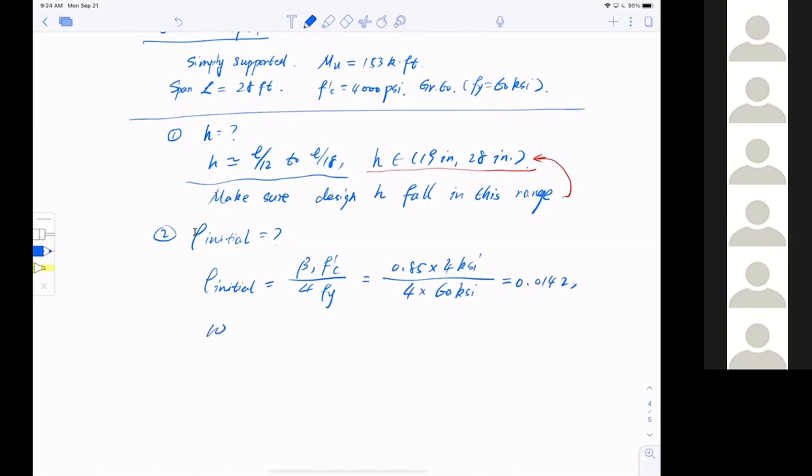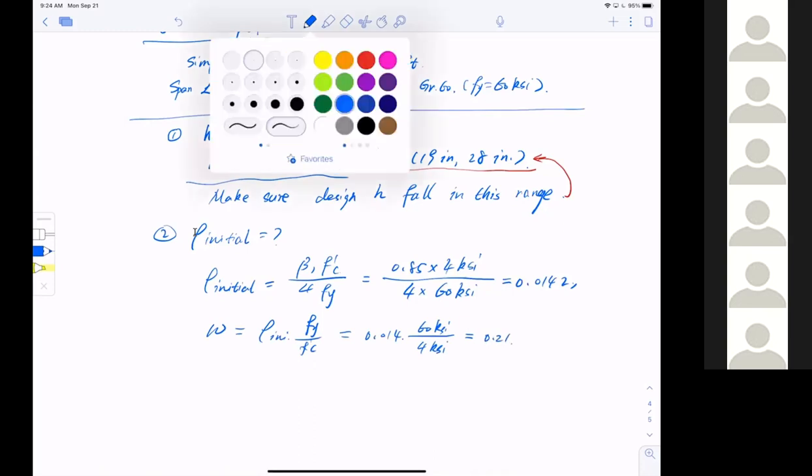Proceed to get my omega reinforcement index, that is rho initial times Fy divided by F prime C. So I have 0.0142 times Fy, 60 KSI, divided by 4 KSI, equal to 0.21. And some of you are very smart, figured out already.